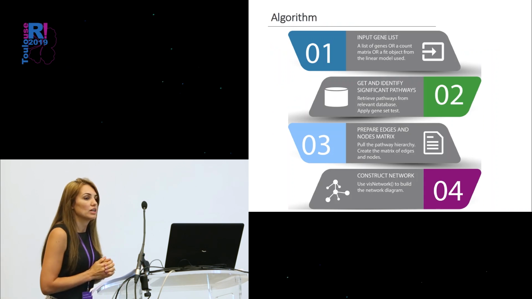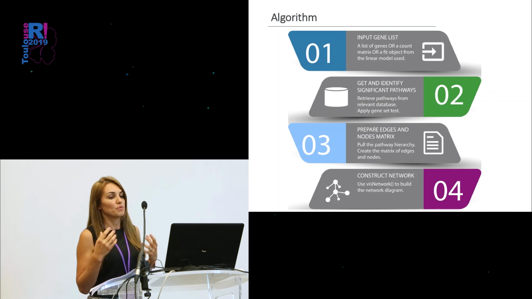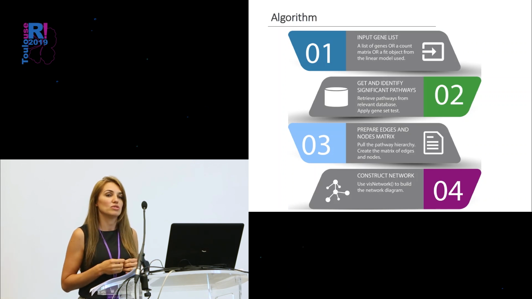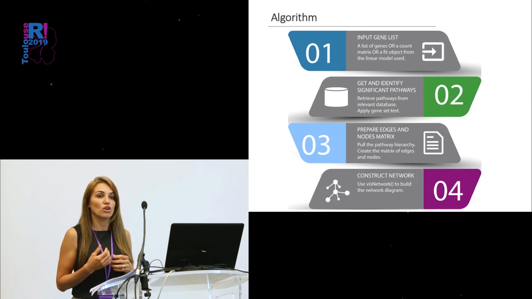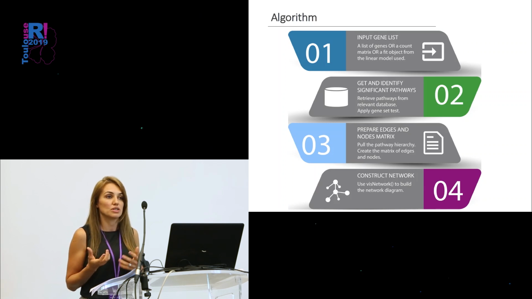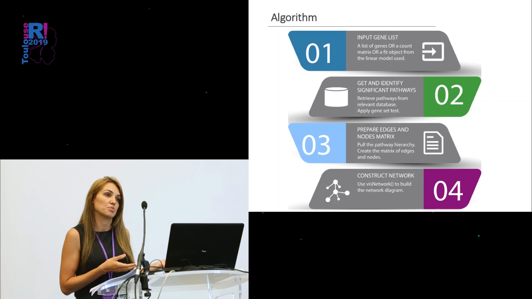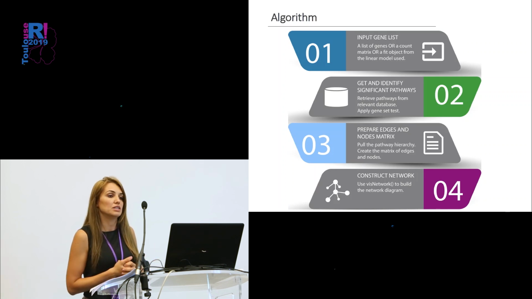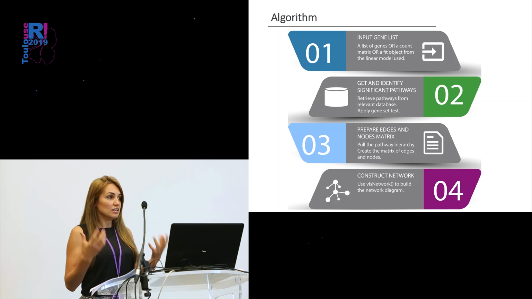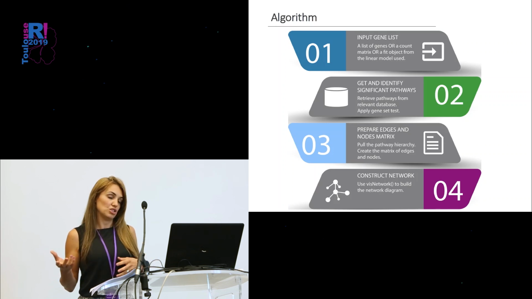So how does that work? The biologists can input a set of genes as a text file, or they can input a count matrix they obtained from an RNA-seq experiment or any other next-gen experiments. Or they can analyze their data using a package.